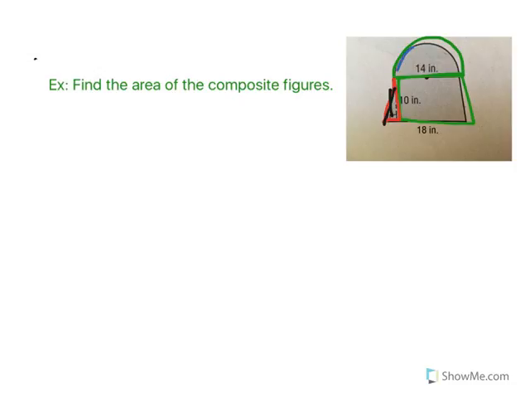So let's first focus on the semicircle. We know the area of a circle is pi times the radius squared. Because it's a semicircle, it's half a circle, so we're just going to divide that in half. Let's plug in the numbers we need. For pi we have 3.14, times my radius.